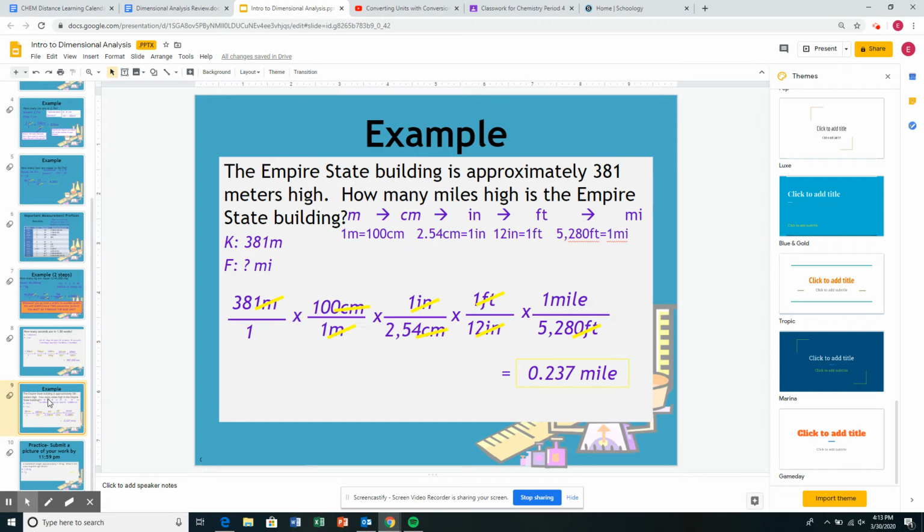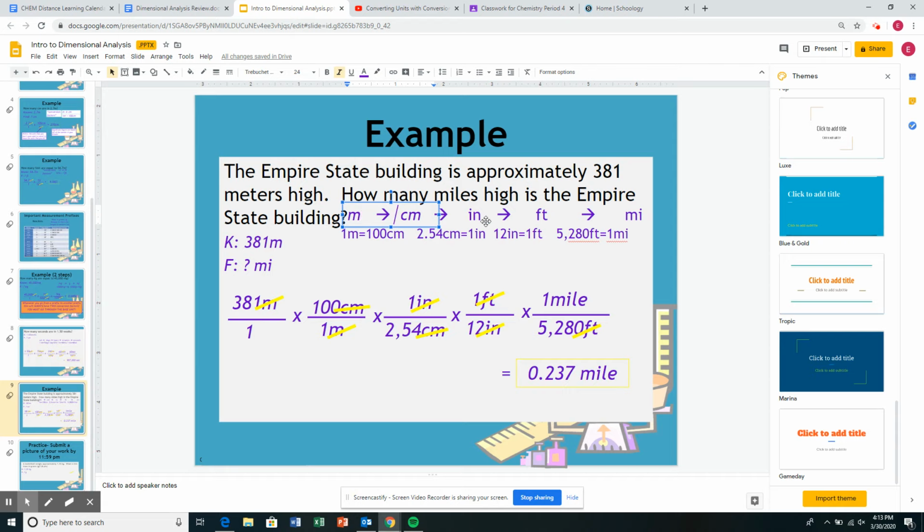Here's another example for you. The Empire State Building is approximately 381 meters high. This is our known, 381 meters high. How many miles is that? So we need to do a bunch of conversion factors because we need to go from meters to centimeters, our metric system, and then we need to convert it into inches based on what we know.